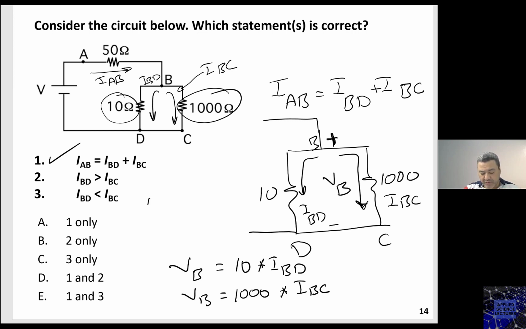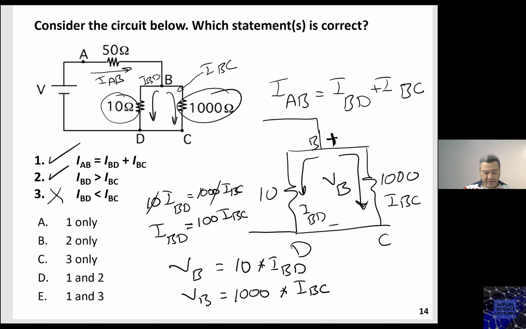Then I have 10 IBD equals 1000 IBC, right? 10, 10, and IBD is 100 times IBC. So IBD is greater than IBC, and 2 is correct, and 3 is wrong. So the answer is D, 1 and 2.